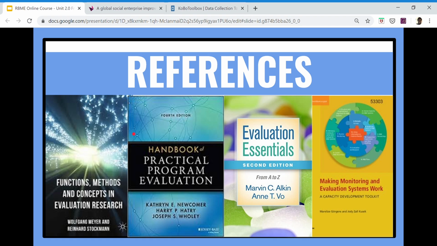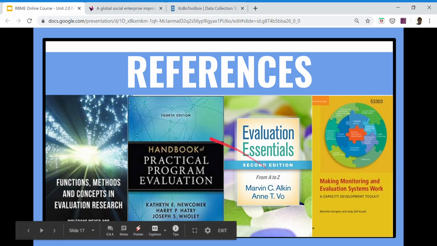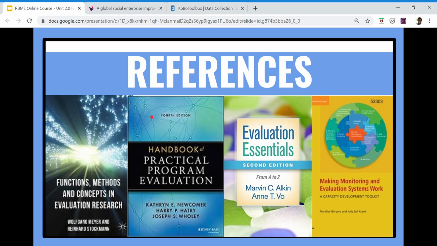They're very important books for a burgeoning evaluator, someone that is starting out, and also a professional as well. These are great books you need to have. They are all in the classroom. We have already provided the ebook format, and I hope that will be useful for you.